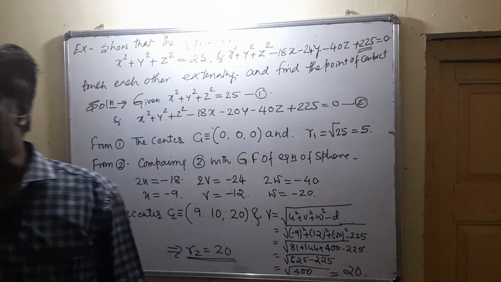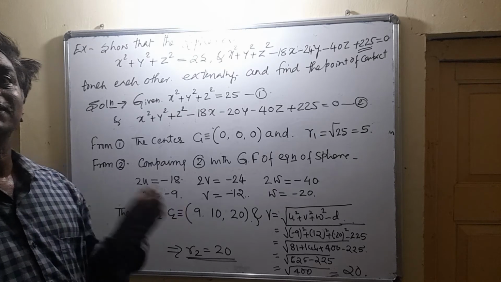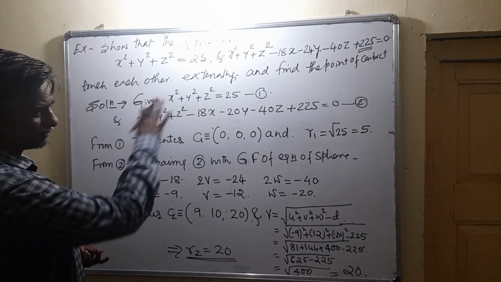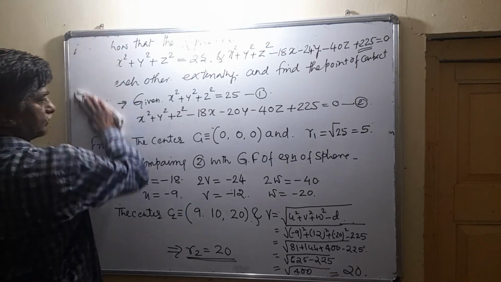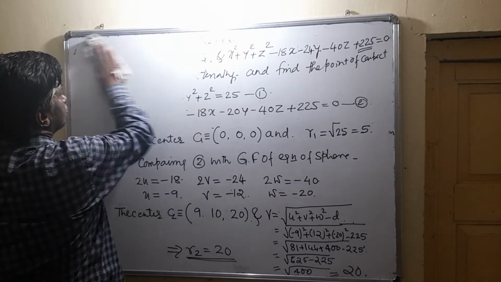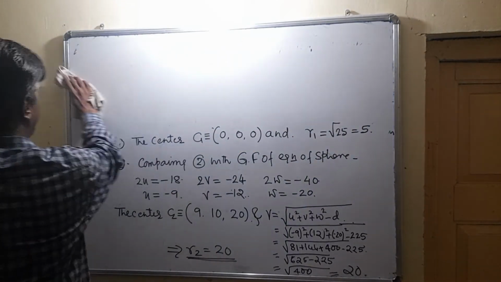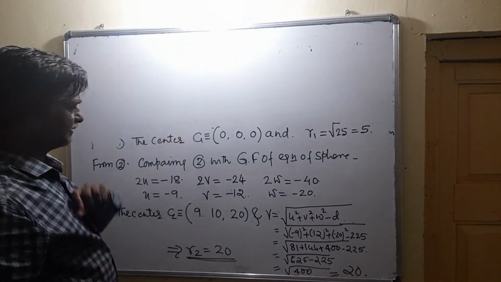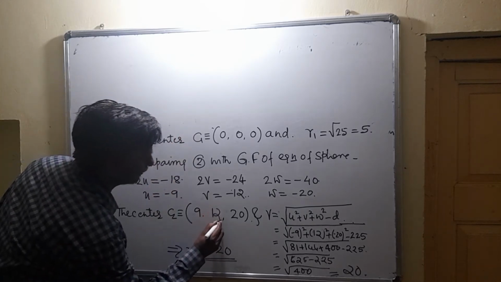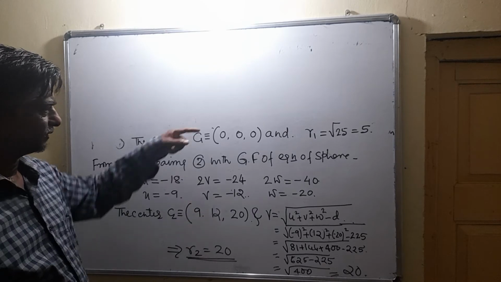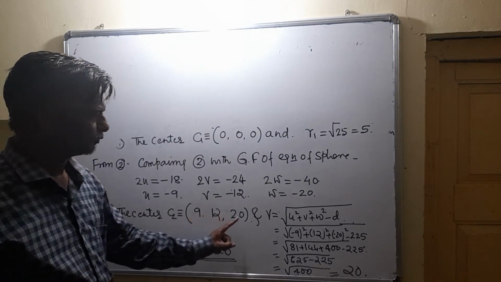Then one more important point. We have to find out C1C2. C1 is 0, 0, 0 and C2 is 9, 12, 20.